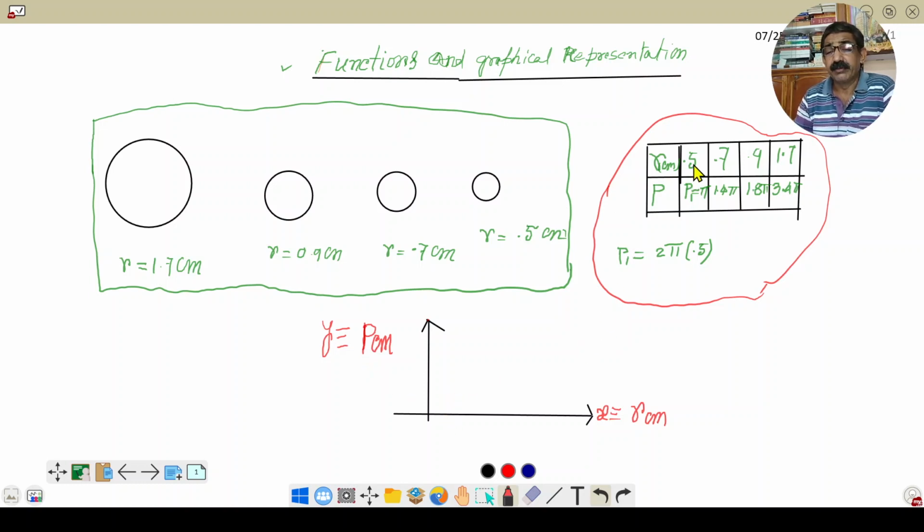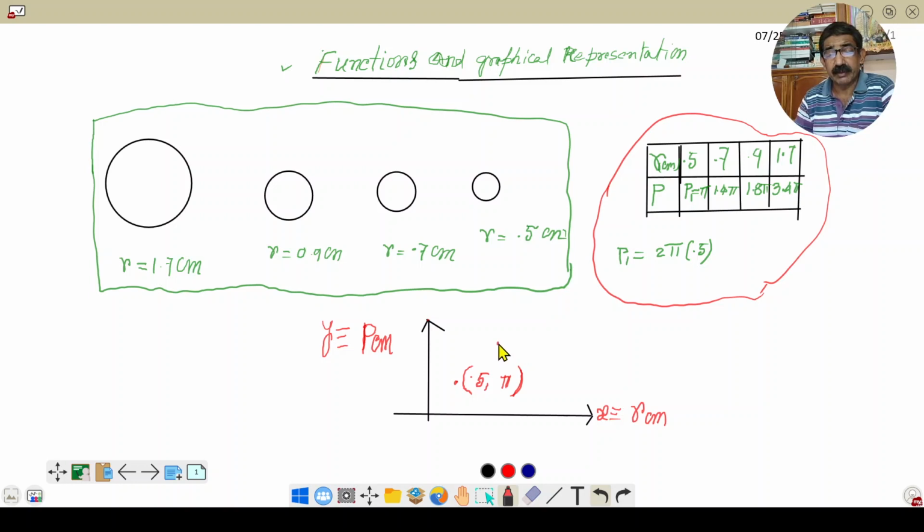Now, for each set, 0.5 and pi. So, suppose this is the point. This point gives the point number 1, and this corresponds to x is equal to 0.5 and y is equal to pi. So this point is given by 0.5 and pi. Similarly, there is another point. If the point 0.5 is here, then 0.7 may be here, and in place of pi it is 1.4 pi. That means greater than pi.